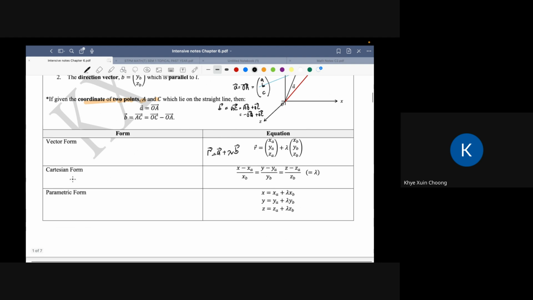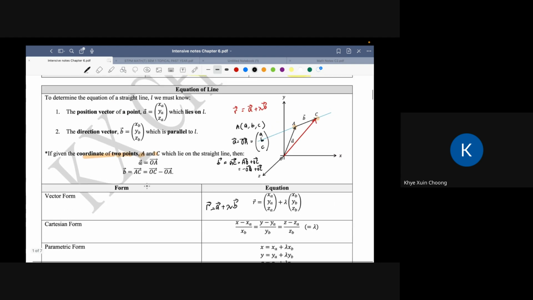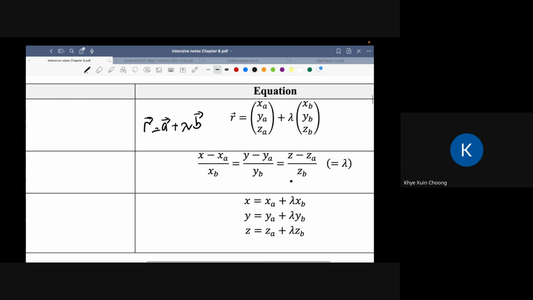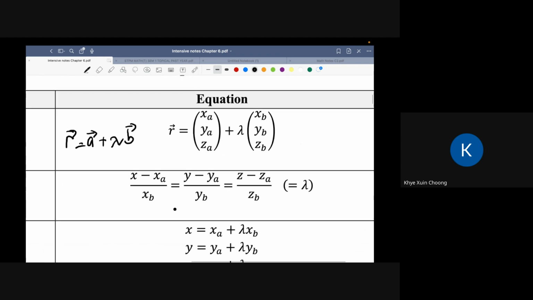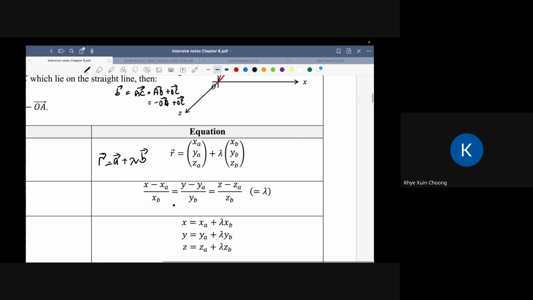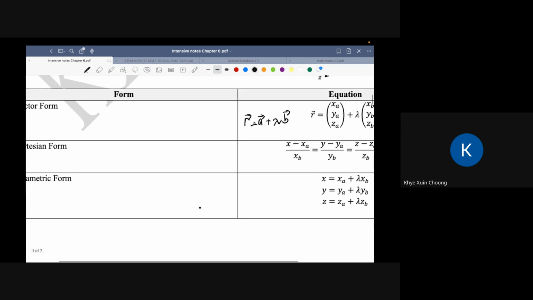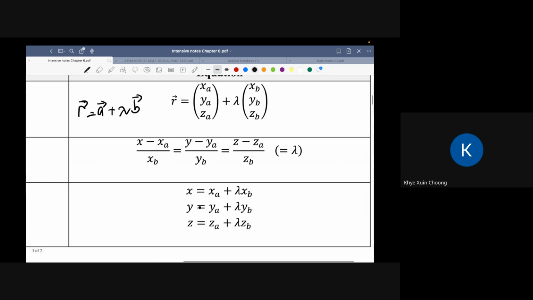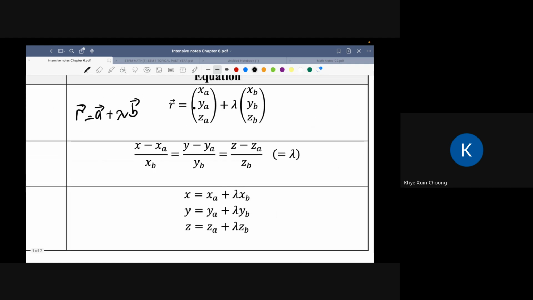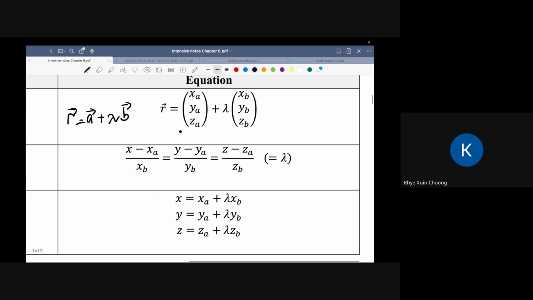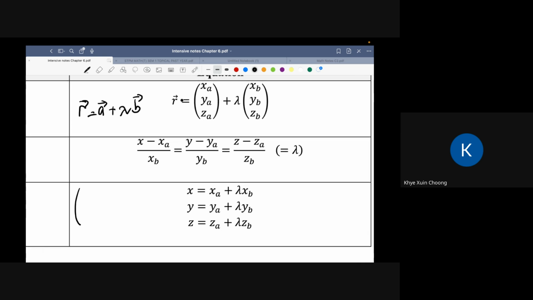Okay, so for the Cartesian form of the equation of a line, we write like this. How do you get something like this? Actually, you need to know the parametric form first. The parametric form comes from this equation. The R is actually the coordinate of any point on the line.